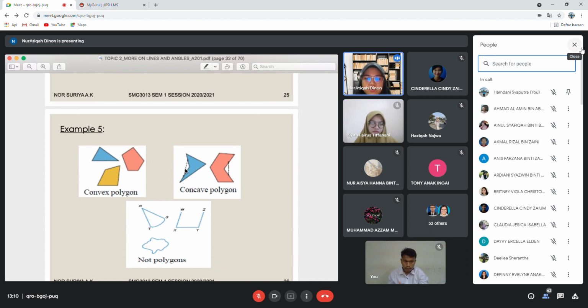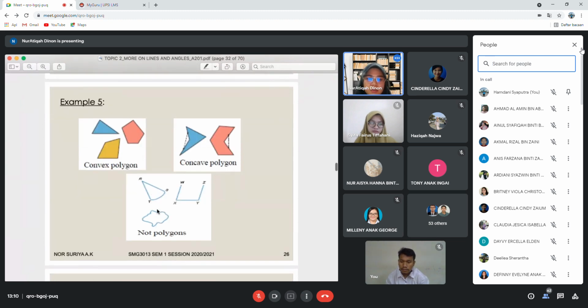Whenever you have at least one reflex angle in the shape, we call it a concave polygon. This one is not a polygon because it is not a closed shape, and this one doesn't have straight lines either. So you need to identify which one is convex, which one is concave, and which one is not a polygon.